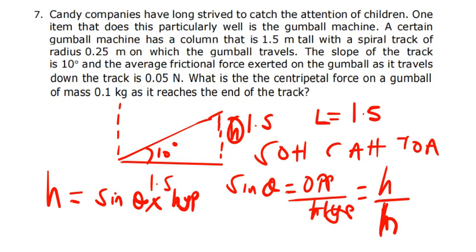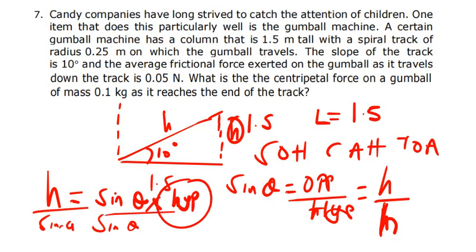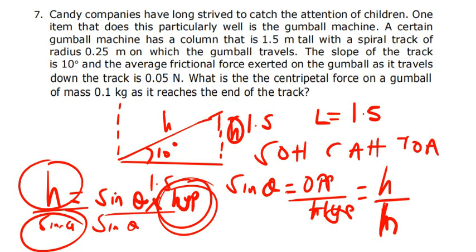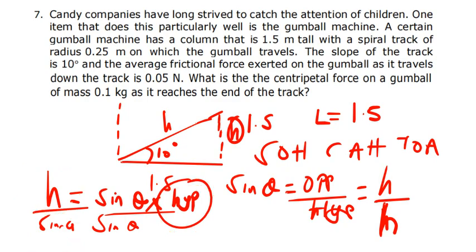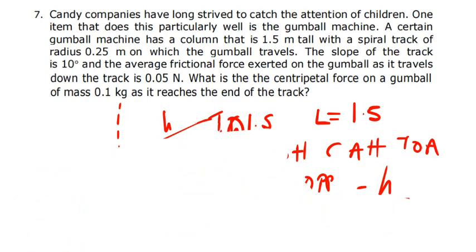Therefore, how are we now going to find our hypotenuse? It means our hypotenuse will just be the height divided by sine theta. Because we've been given the height and the angle, but we haven't been given the hypotenuse, which is what I'm trying to find.